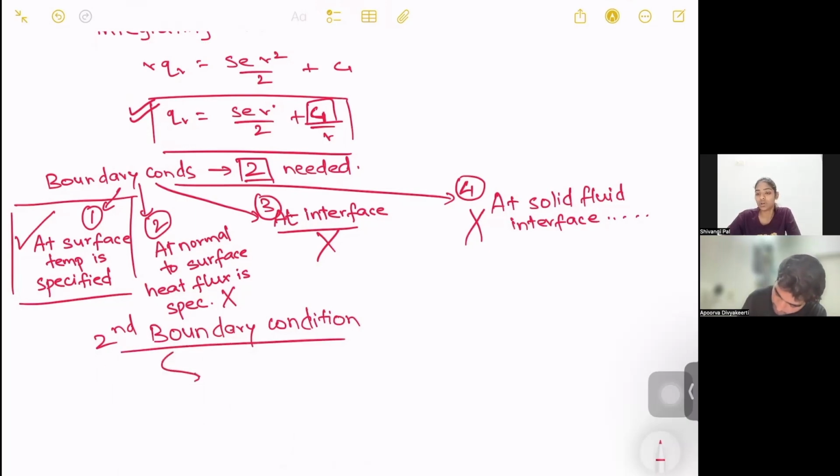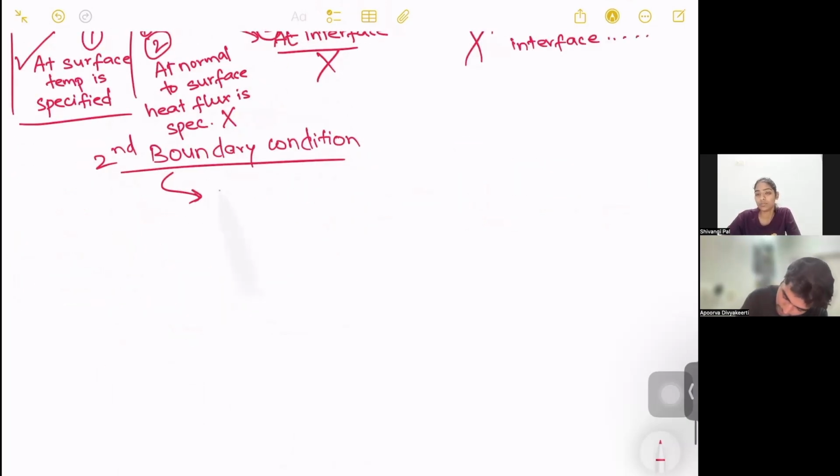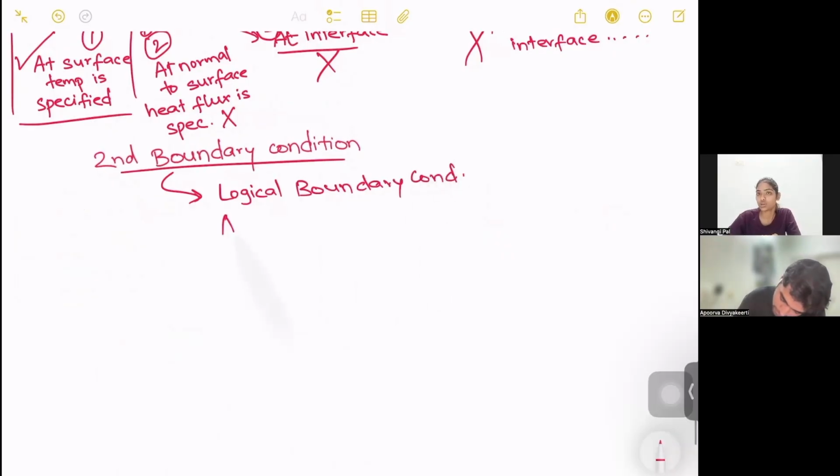Here the second boundary condition that will be applicable will be the logical boundary condition. What is the logical boundary condition? It says at any r, your flux, that is q_r, can never be infinite.